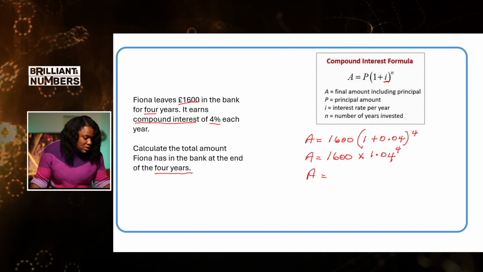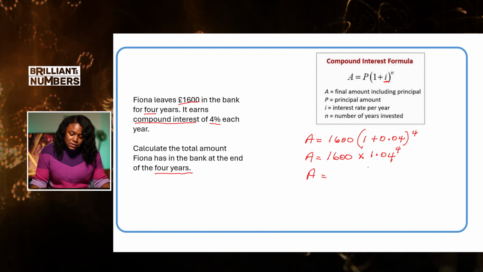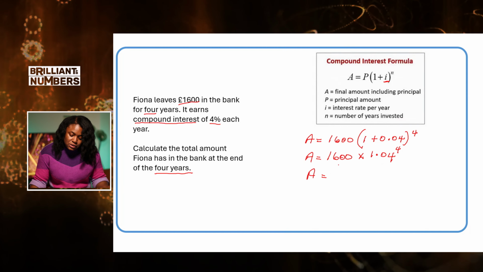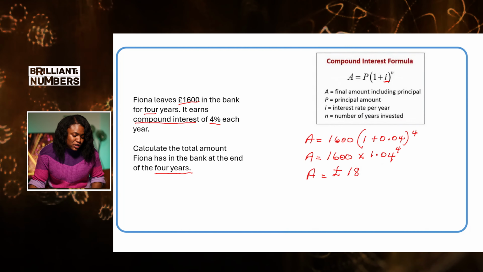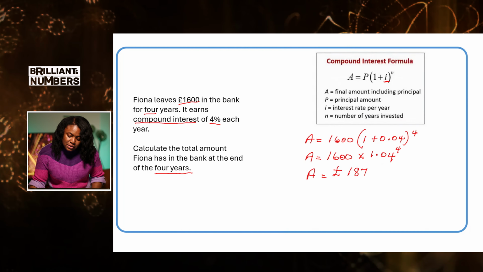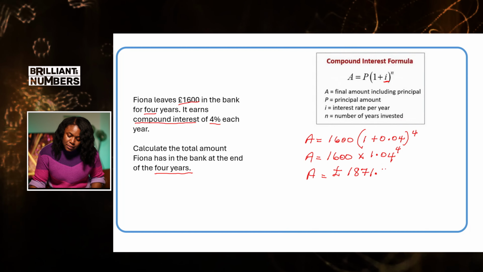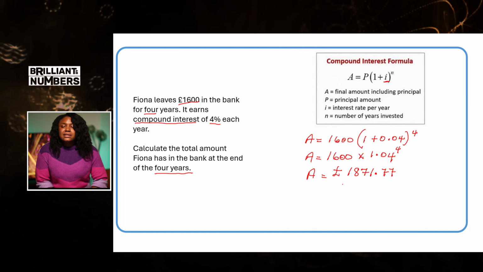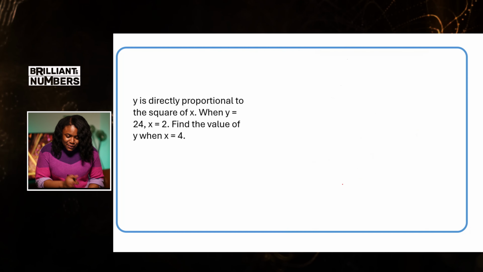So 1,600 multiplied by 1.04 and the power is 4. So the answer is, and remember this is money, so we've got to end in 2 decimal places. So it's 1,871.77 and the unit is pounds. Beautiful. Awesome. So let's go.